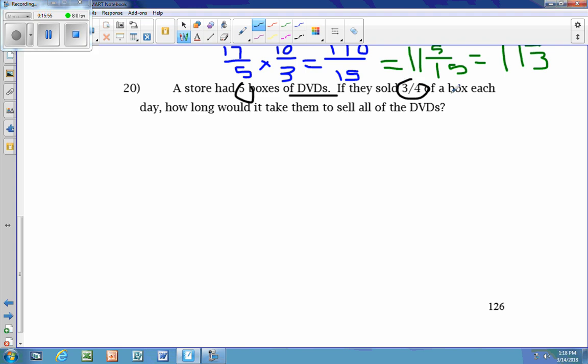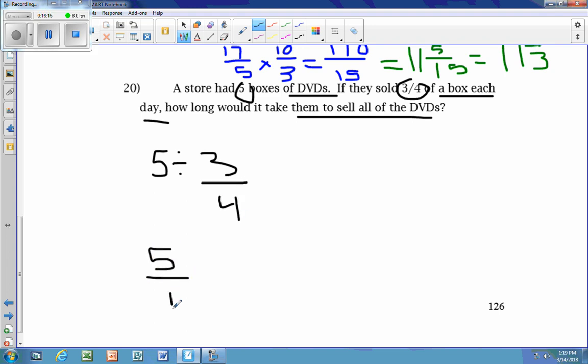And then the last question, a store has 5 boxes of DVDs. They sold 3/4 of a box each day. How long would it take them to sell all the DVDs? Well, this gets a little confusing because you see the word of, but we're not finding 3/4 of 5 boxes. We want to see how many 3/4 are inside the 5 boxes. So we're really dividing. And we're going to keep, change and flip. So we keep the first number with a 1 underneath.